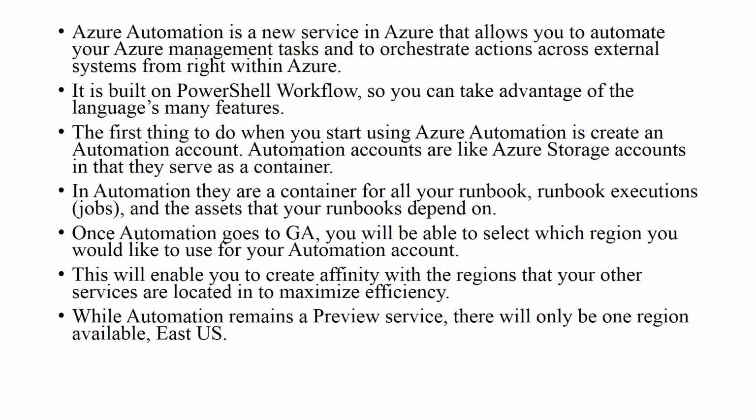This will enable the user to create affinity with the regions where the user's other services are located, maximizing efficiency. While automation remains a preview service, there will only be one region available, East United States.